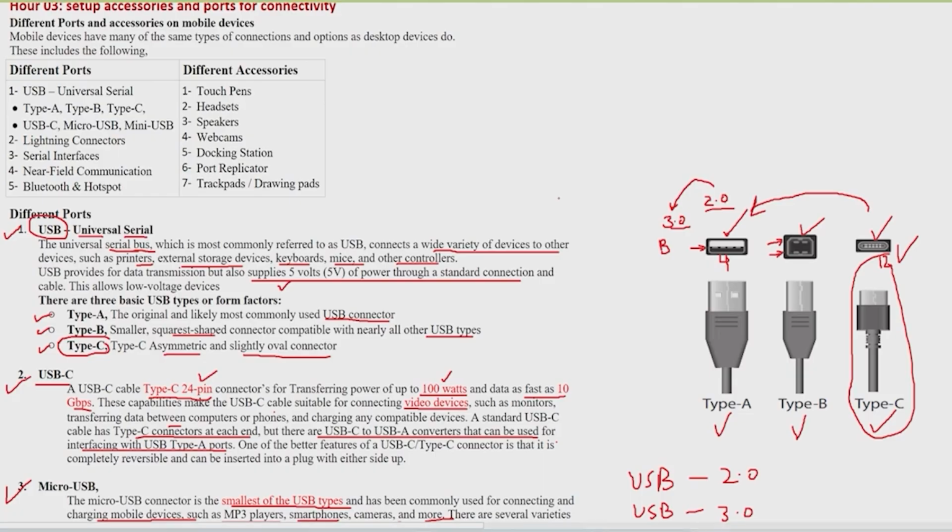For example, here is the port in my laptop. You can see the USB with blue color. So whenever you compare USB 2.0 and 3.0, the structure will be the same, but there is one difference. In USB 2.0, you see the plate is connected to the structure of the USB from up and down.